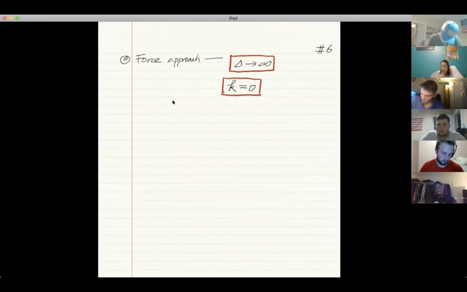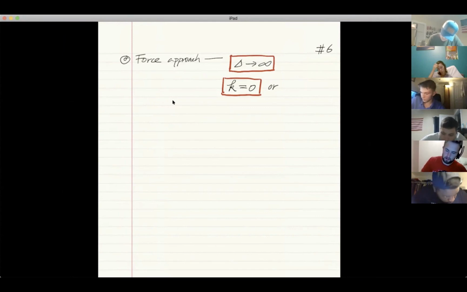Another situation is, what if I don't have a single member? What if I have a multi-degree-of-freedom system? From structural analysis, you know very well that structural engineers deal with not only single members, sometimes we deal with trusses, right?